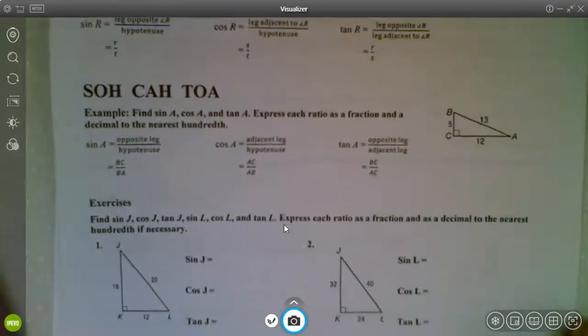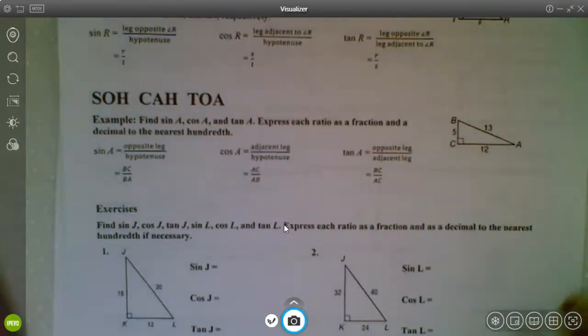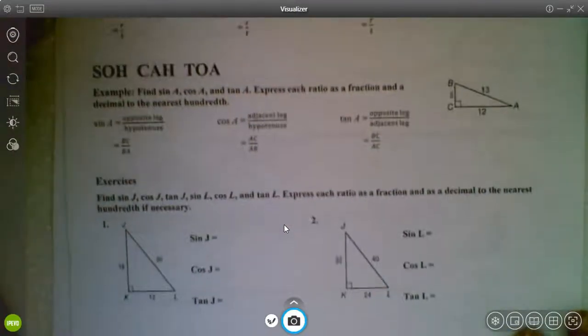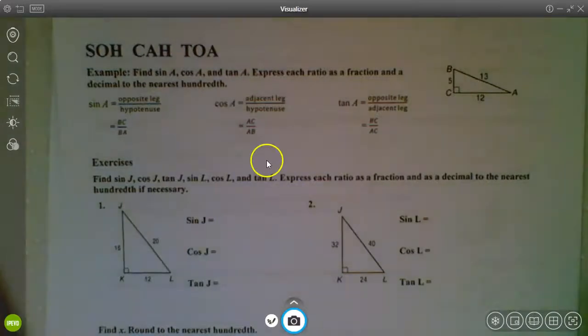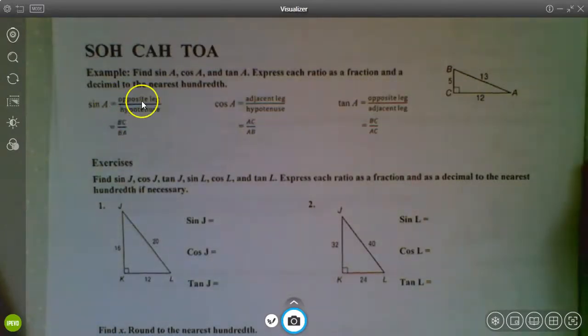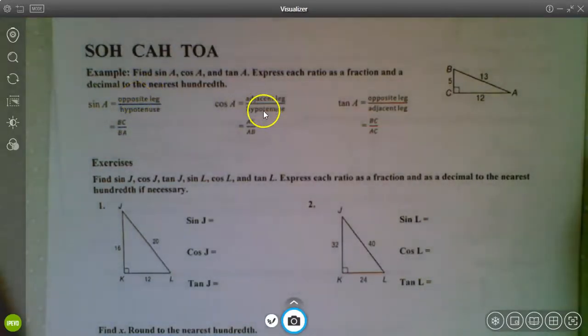The first thing we're going to look at before we start using the calculator is just the basic ratios. We want to get to the basic comparisons of sine, cosine, and tangent. One of the hard parts is trying to remember which ratio uses which comparison. How do I know if it's opposite leg over hypotenuse or adjacent leg over hypotenuse?